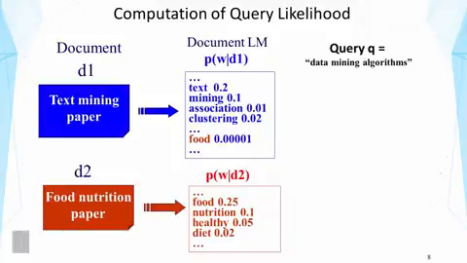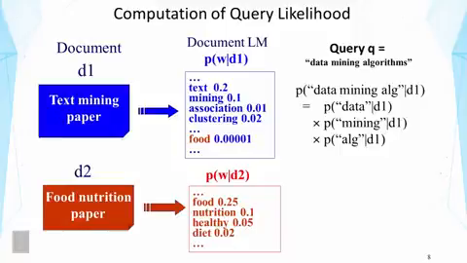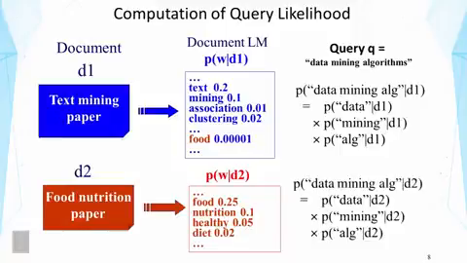And then given a query like "data mining algorithms", the second step would just compute the likelihood of this query. And by making independence assumptions, we could then have this probability as a product of the probability of each query word. Right? We do this for both documents, and then we can score these 2 documents and then rank them. So that's the basic idea of this query likelihood retrieval function.